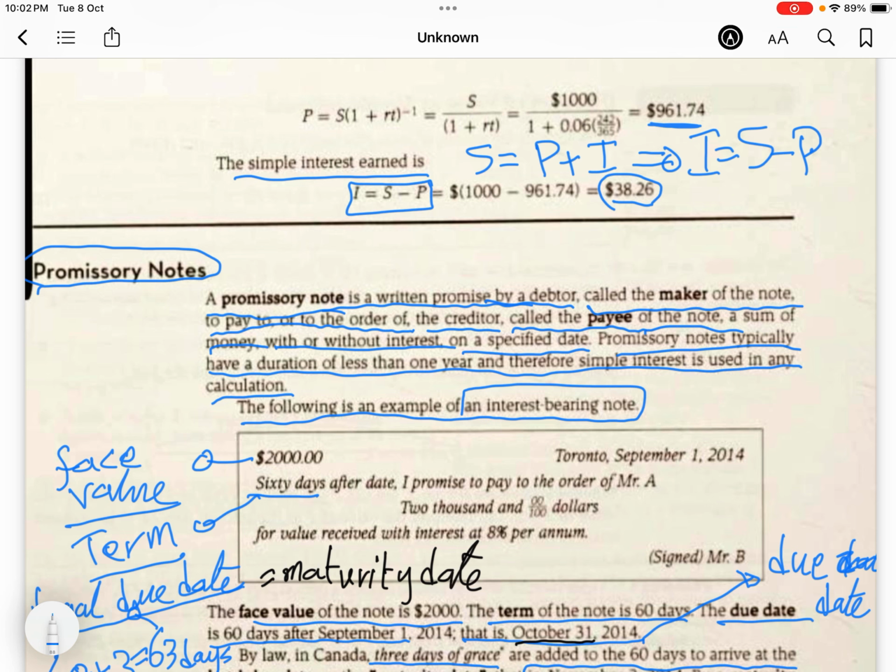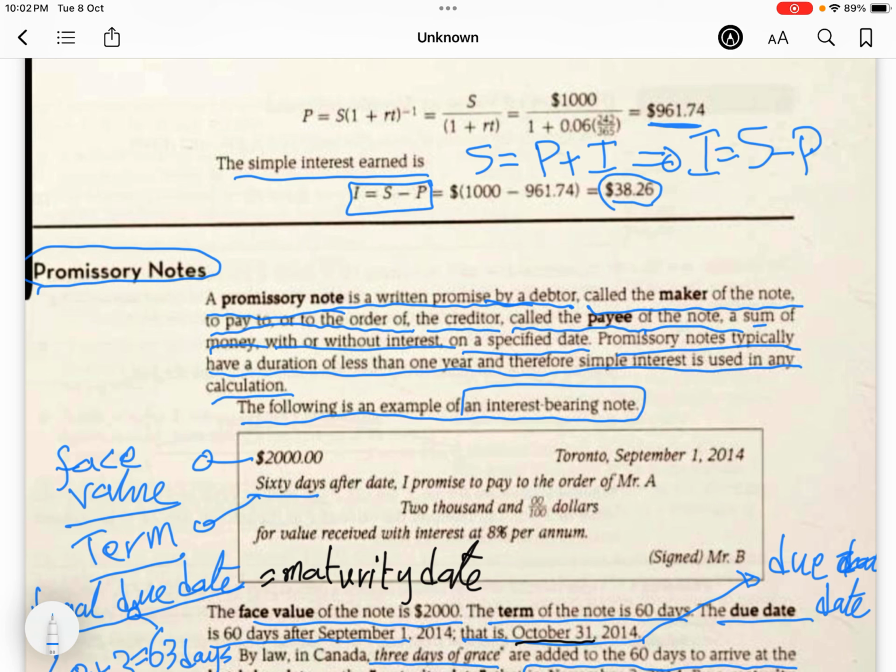A promissory note is a written promise by a debtor, called the maker of the note, to pay to, or to the order of, the creditor, called the payee of the note, a sum of money with or without interest on a specified date.